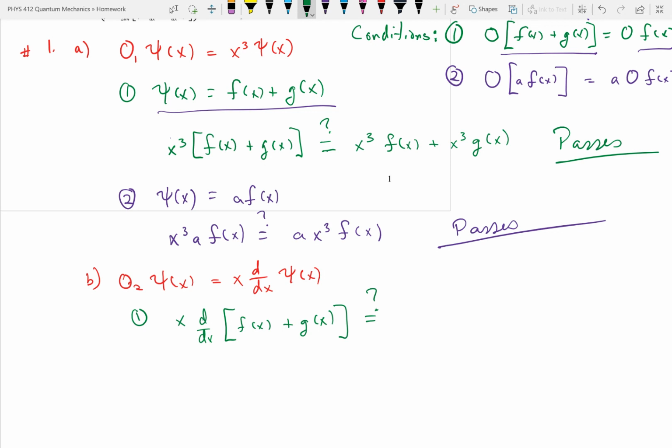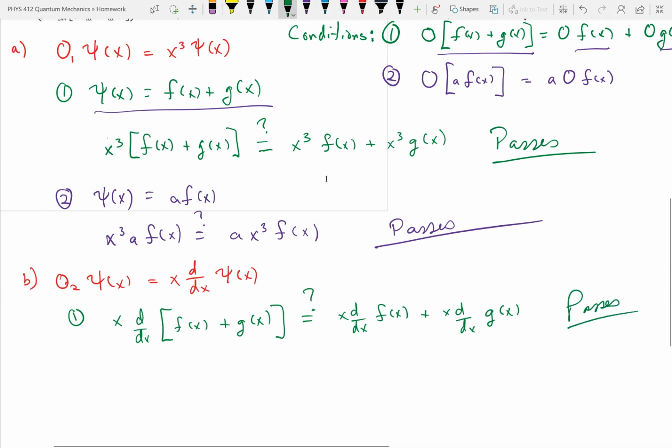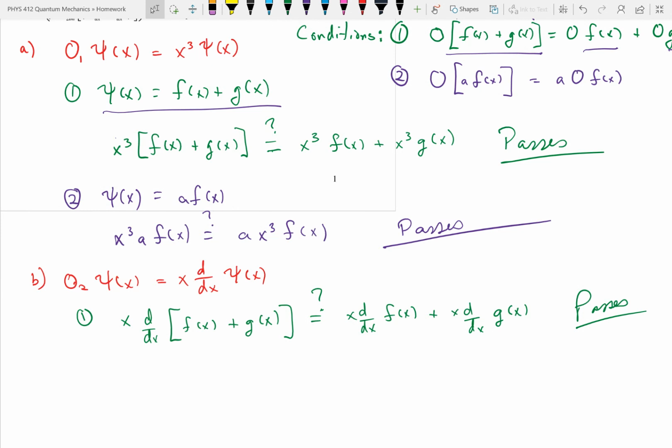And then on the right side, we have x d over dx times f of x plus x times d over dx g of x. In which case it passes. Right, it's going to pass again. I'm starting to wonder if I made any of these fail, but we saw from class last period that there are plenty that can fail.